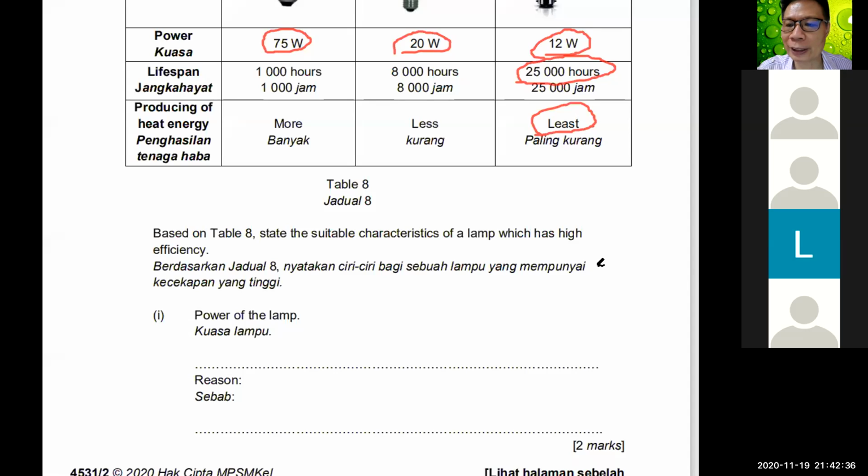Choose low power, reason is what? Okay, let's see. Save energy. Yes, correct. Save energy. You can save energy by using low power. You can pay less. Correct or not? Save energy.